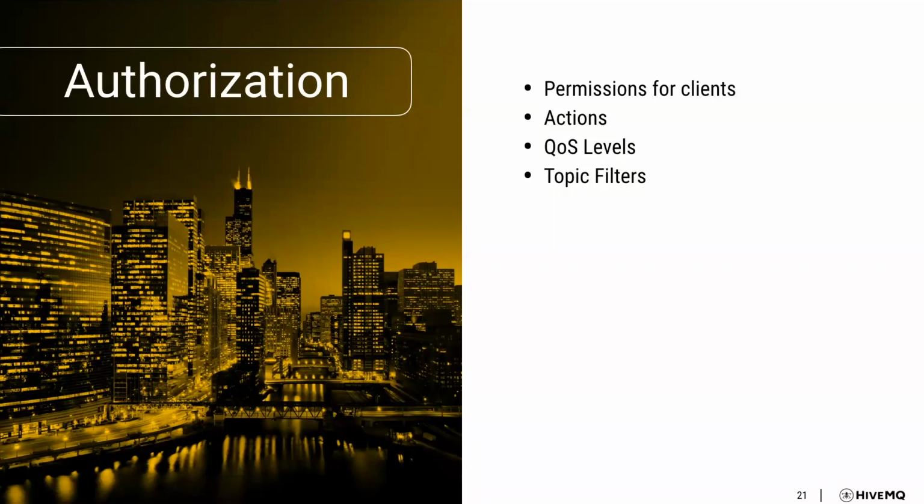What this allows you is to really define, based on your clients, what they can do. So can they publish and or subscribe to messages? Which quality of service levels can they use? And most importantly, which topics can be used?